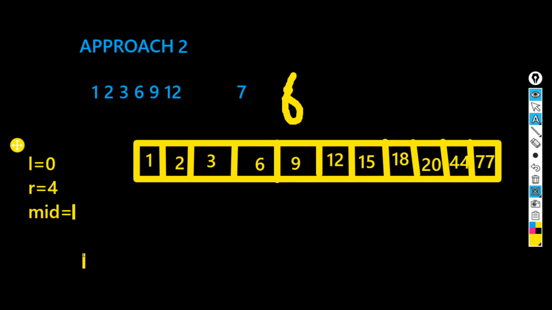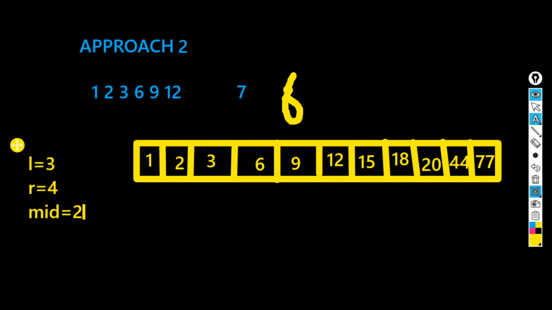And what will be the value of mid? Mid will be 2 again. Now we will check the 2nd index. First of all we will check equals to. If it is not equal to 6, then we will increment L to mid plus 1, so it will be 3.